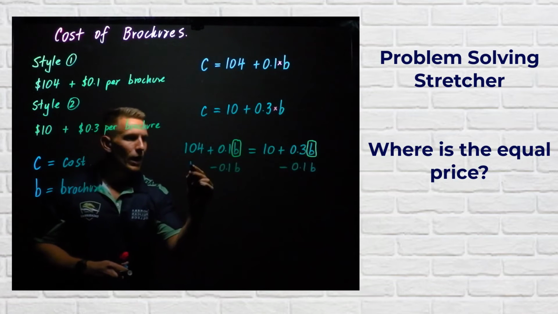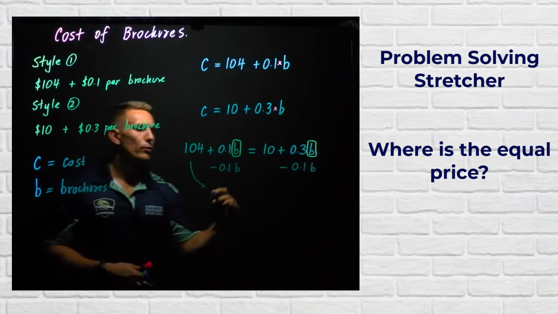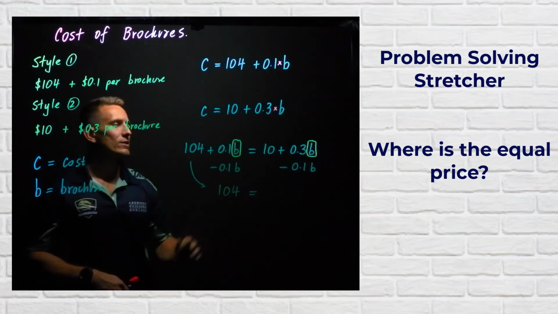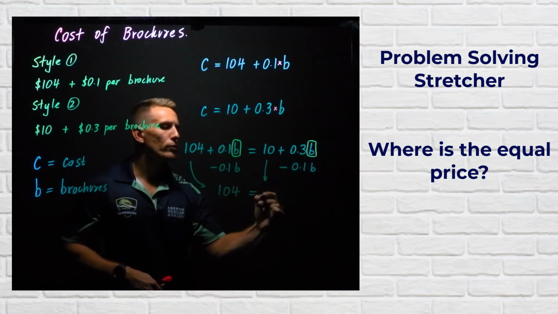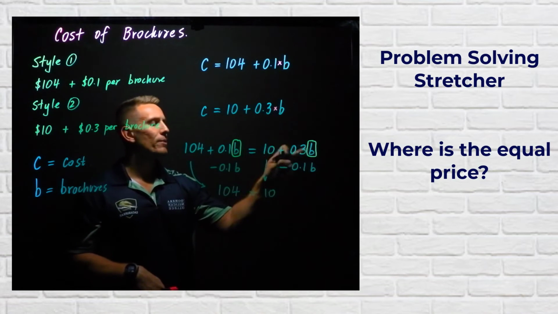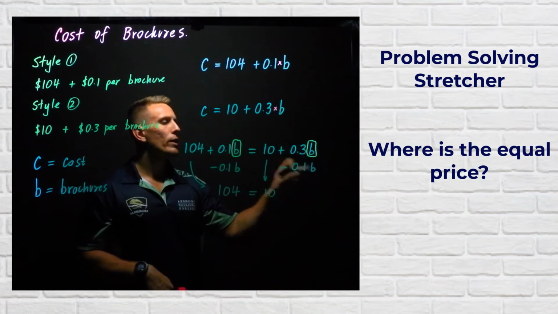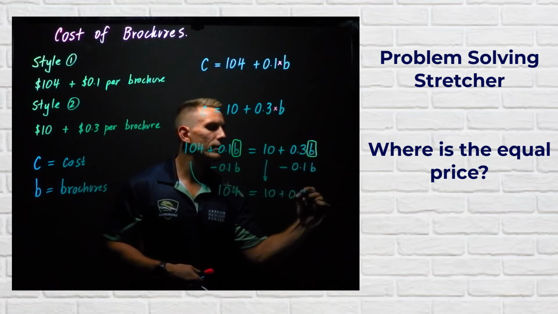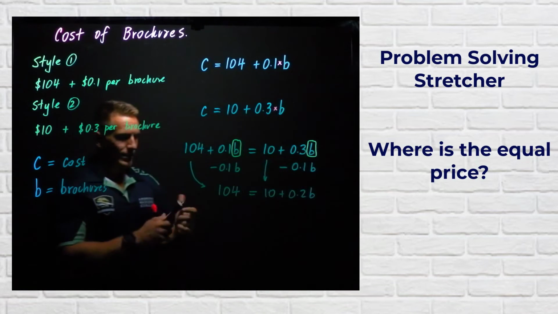So now we're left with 104 on this side, which I will bring down to our next line of working, equals, we haven't done anything with the 10, so I'm going to bring that down. And here we have 0.3b take away 0.1b. Now we're left with 0.2b. That's our first step.